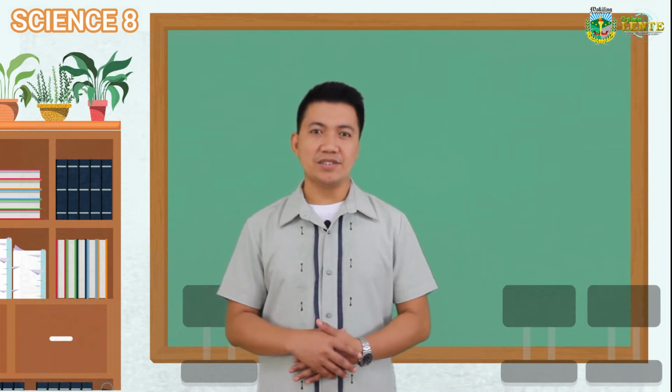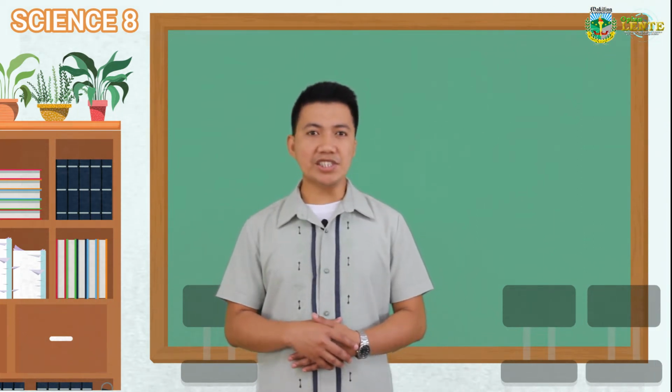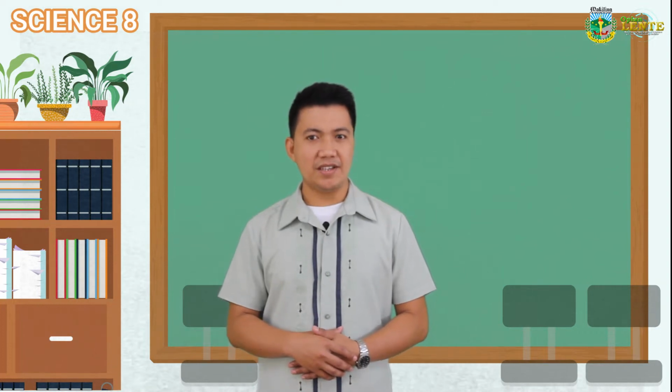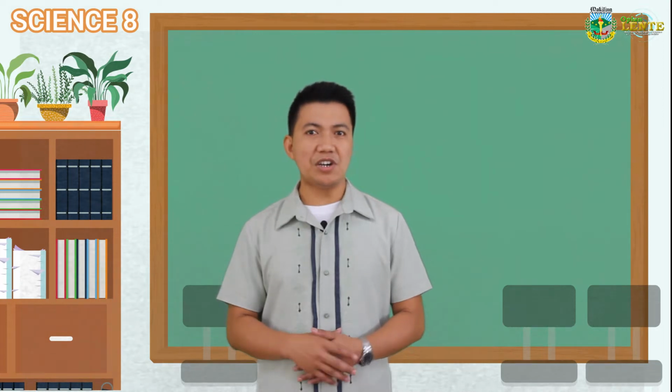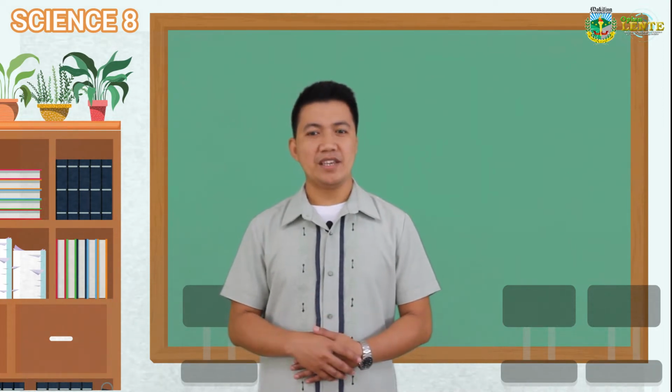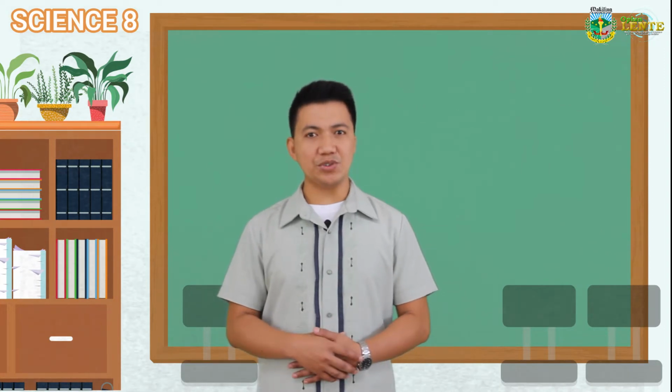Okay, class. Now that you are familiar with our MELCs and lesson objective, let's try this simple activity. You are going to identify if the following objects are matter or not. If you have a paper and pen on your table, try to write down your answer. Are you ready?